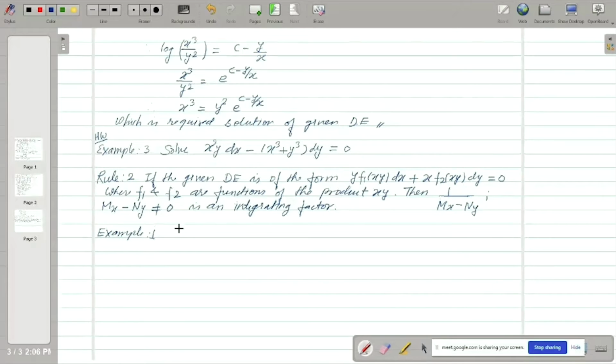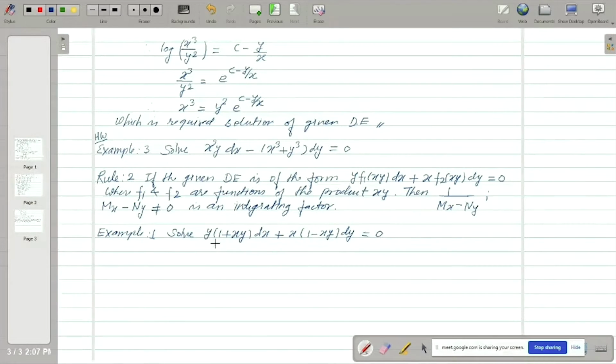Example number 1. Solve the differential equation y(1 plus xy) dx plus x(1 minus xy) dy equals 0.